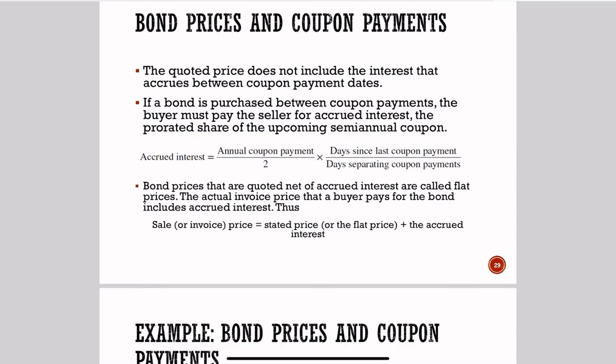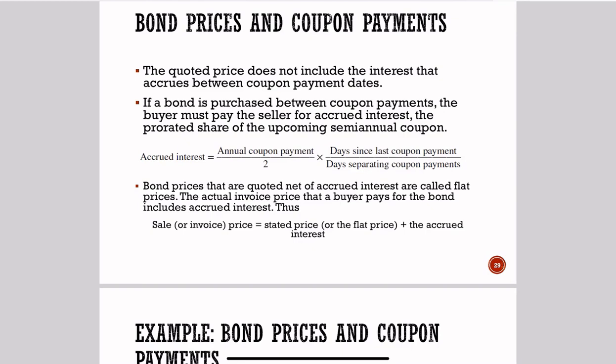So think about it. If coupon payments are in March and September, then if you're buying bond in June, then the bond price has to reflect this sort of 50% coupon payments, right?